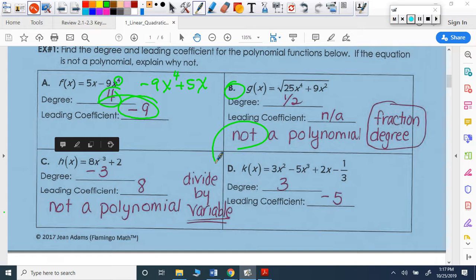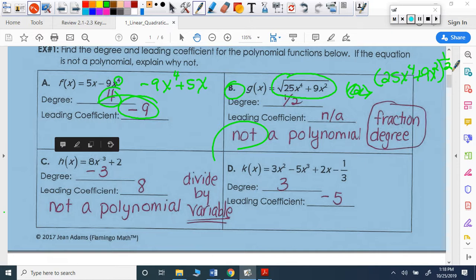Our polynomials cannot have a fraction degree. In algebra, oh, that's not in algebra. Let's do this. 25x to the 4th plus 9x squared. Did you remember that a square root was really the 1/2 power? I saw some of you kind of go, oh. Well, in polynomials, you can't have fractions.